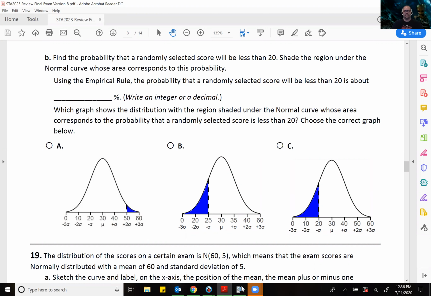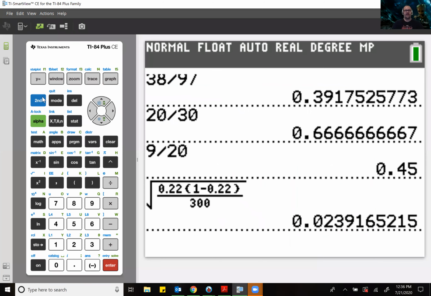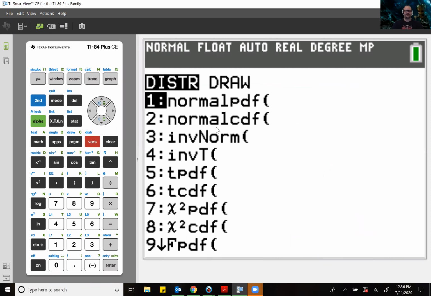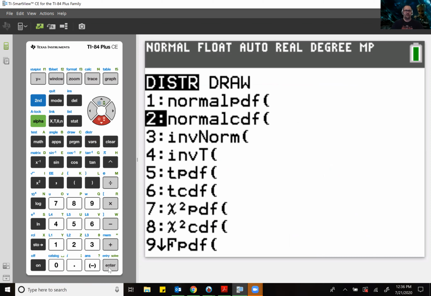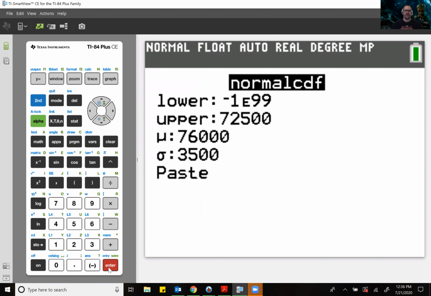That's easy enough. So we can go to our calculator. I'll do the calculator first. You're looking at the distribution, and it's a normal CDF that you're running. All you have to do is put in the information that you're dealing with. We are less than, so we use negative 1 E99 as the lower bound. The highest we're going to go is 20.